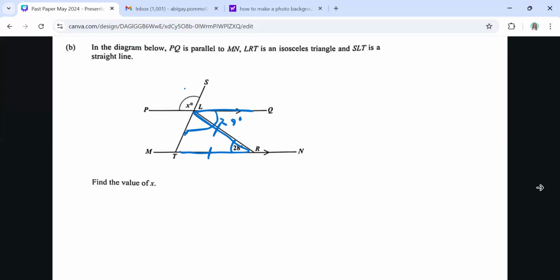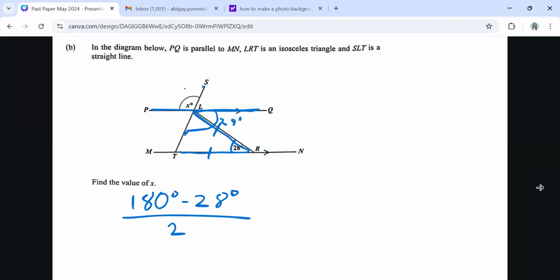So right here is a straight line. So that is out of 180. One straight line is 180. So I'm going to subtract it by the 28. And then since we know it's cut by the ST, I'm going to divide it by 2.